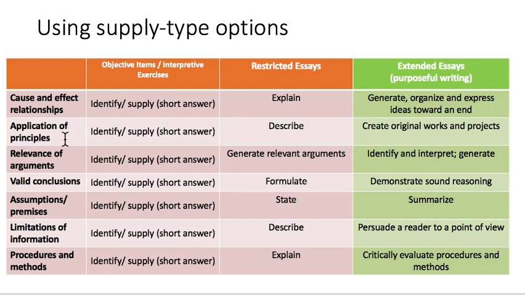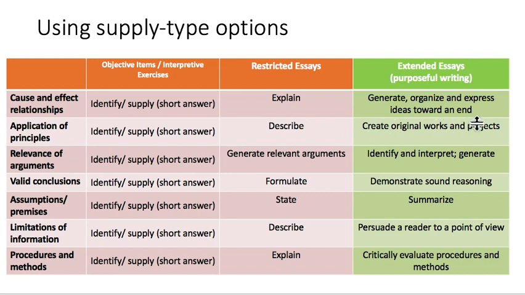We can think about this in terms of applications of principles, right? So we're talking about that science material and the different types of ecosystems that exist in there. I might want them to apply the principles of symbiotic relationships to their daily life. If I'm giving them a short answer or interpretive exercise, I will give them a scenario and they have to identify the type. If I'm giving them a restricted essay, I might want them to generate their own idea and describe why it's a parasitic relationship.